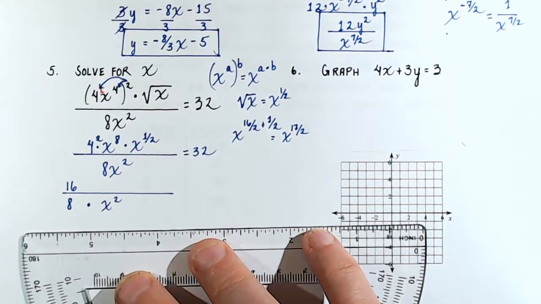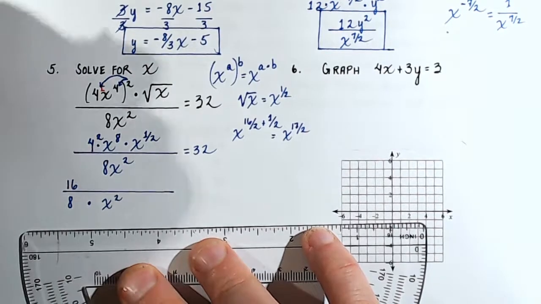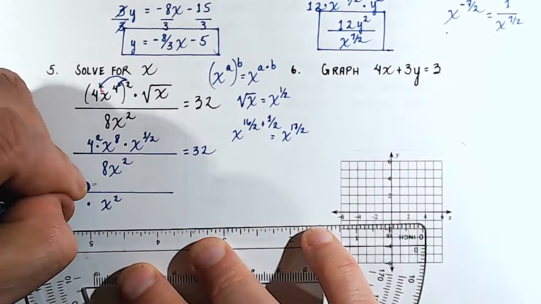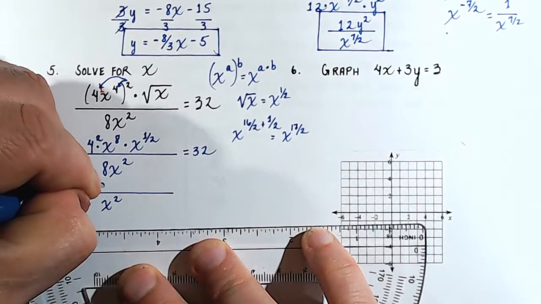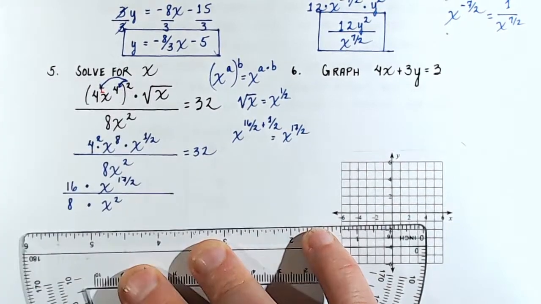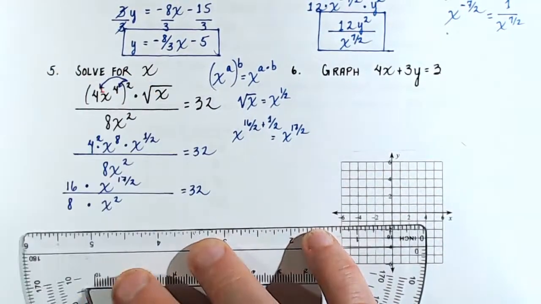So I'll write that here, times x to the 17 over 2. All of that is set equal to 32.